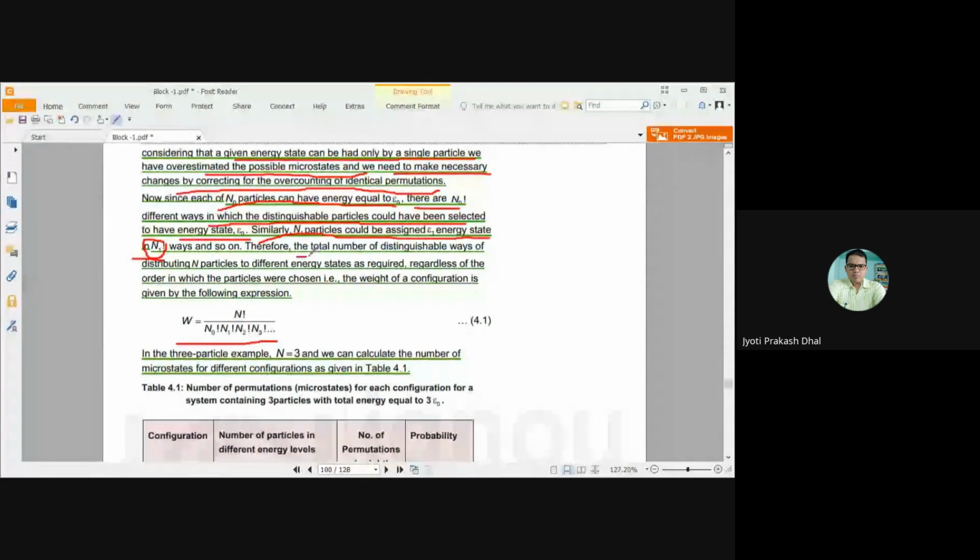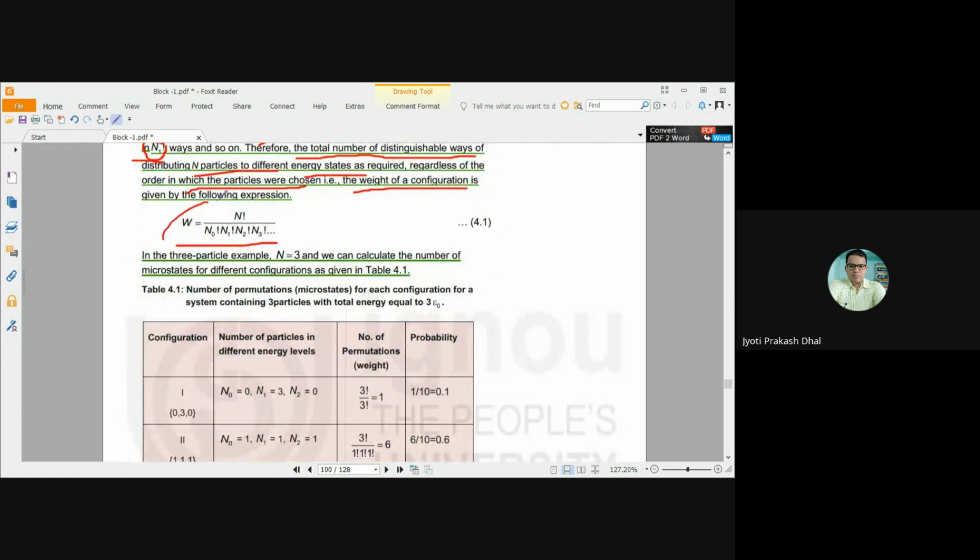Therefore, the total number of distinguishable ways of distributing n particles in the different energy states, regardless of the order in which the particles were chosen, gives the weight of the configuration: W equals n factorial divided by N0 factorial into N1 factorial into N2 factorial into N3 factorial and so on.